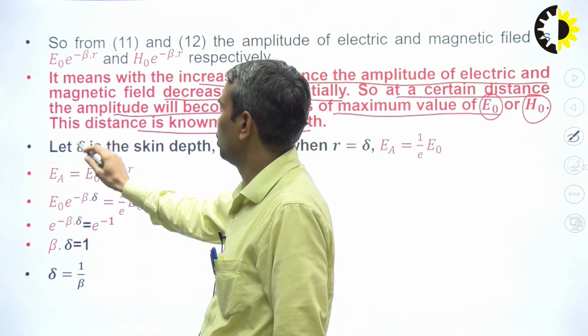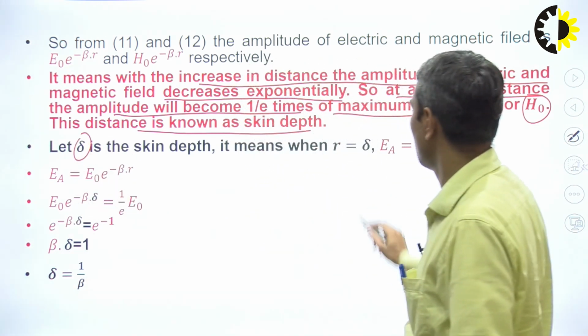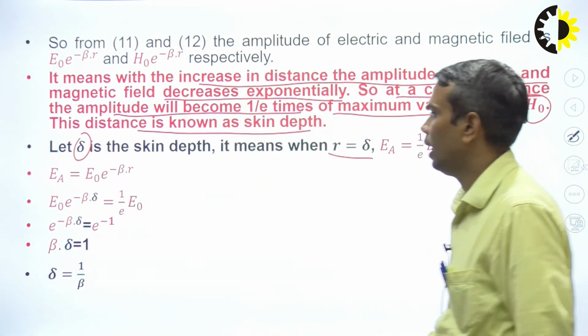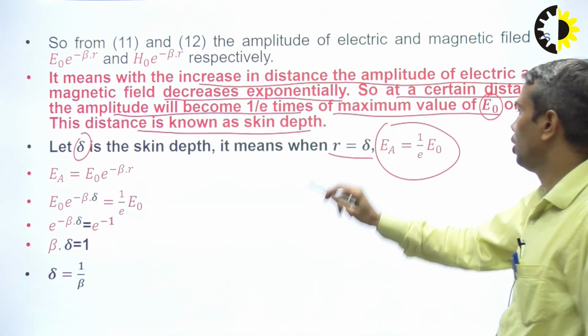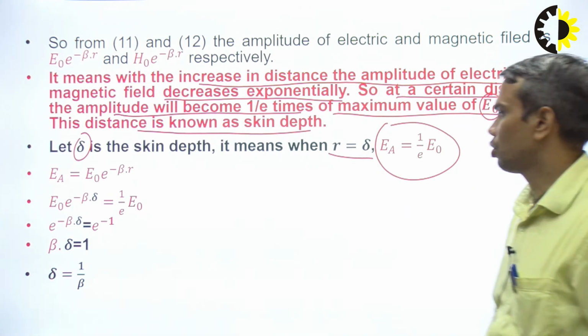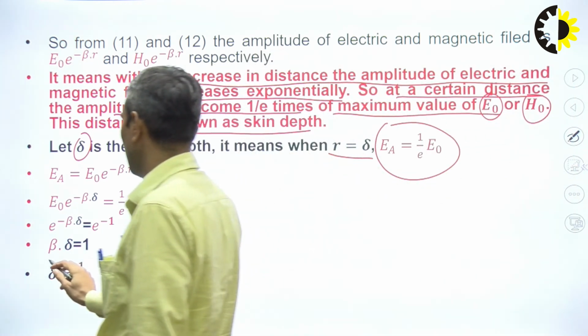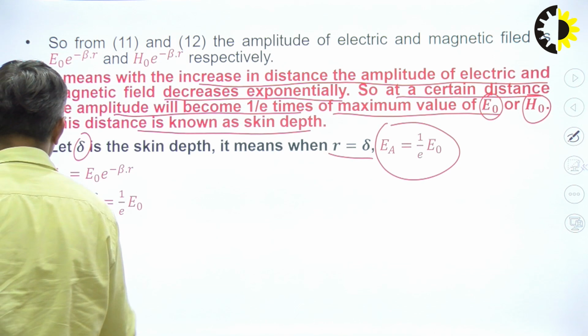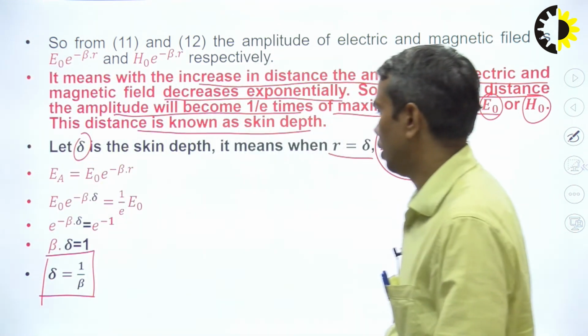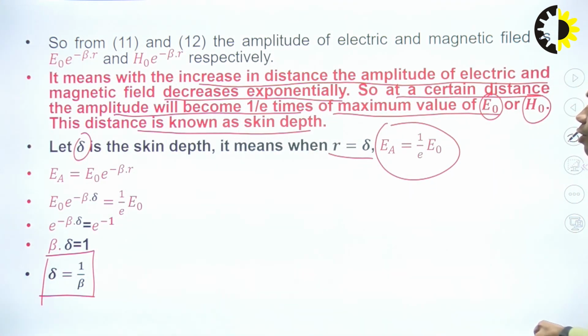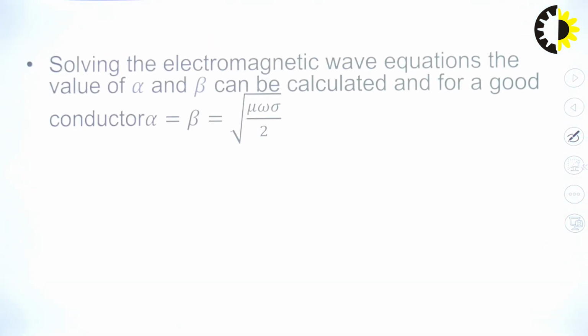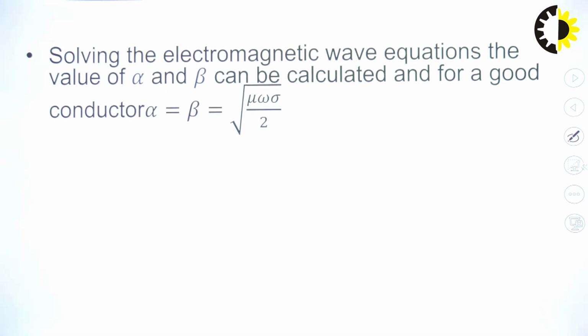If we denote skin depth by delta, so r is equal to delta and e to the power minus 1 is the condition of skin depth. If we solve, we get delta is equal to 1 by beta, where beta is imaginary part of propagation constant.